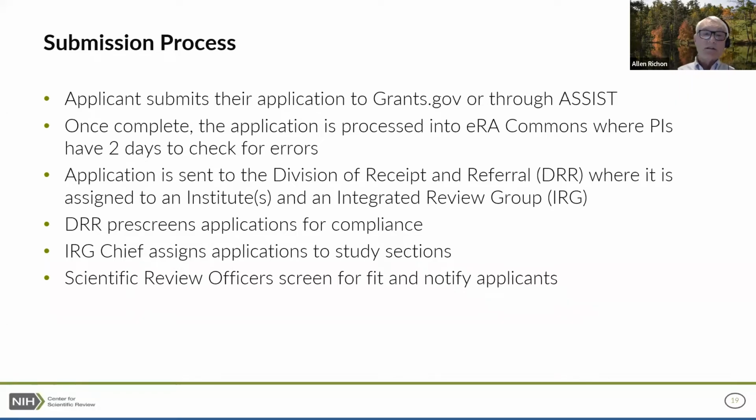And then the SRO will make sure that it fits their study section. They'll notify the applicants, that's you, that they have the application. You have a chance at that point to say, wait, I'm not comfortable with this. So there's some back and forth during this period between all of the divisions within NIH and you. And we finally get the thing set up and into the correct study section for review. Next slide, please.